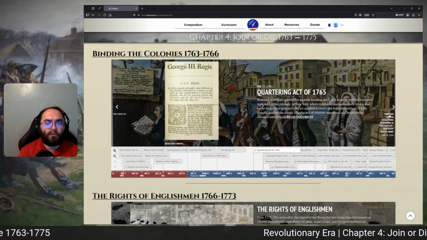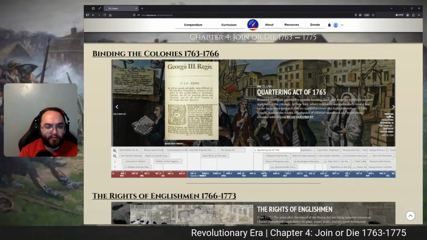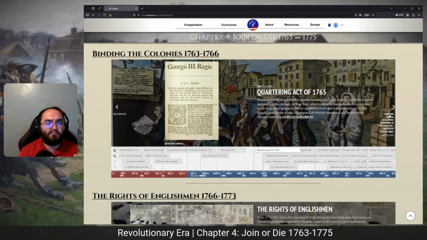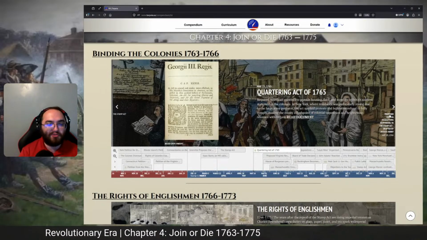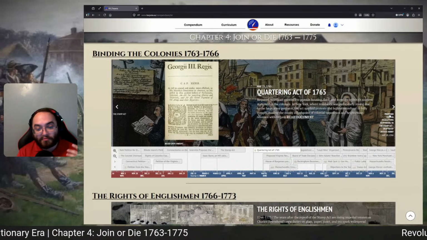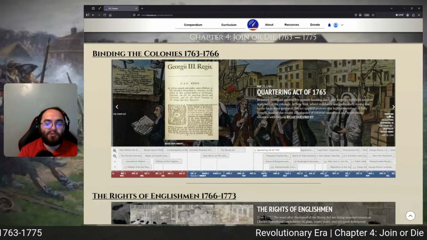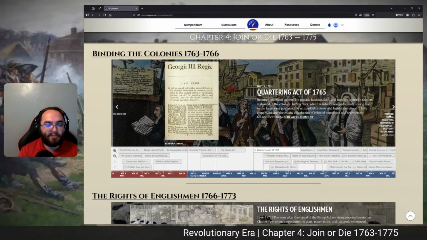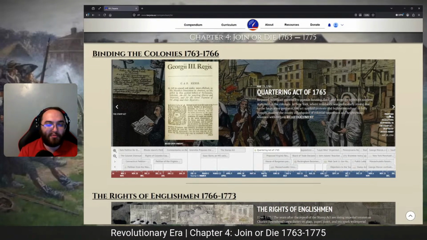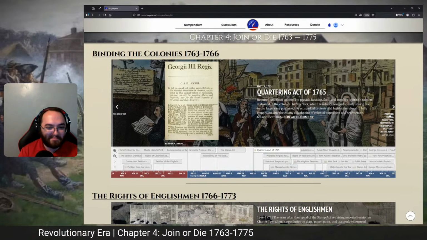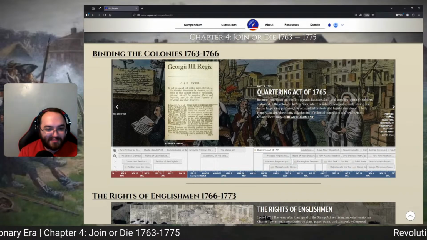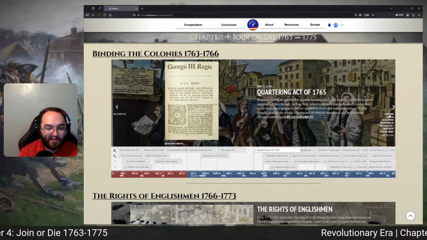And the colony of New York will refuse to give all these things to the soldiers. This will lead, and I will show you on the timeline, to Parliament abolishing the General Assembly of New York.